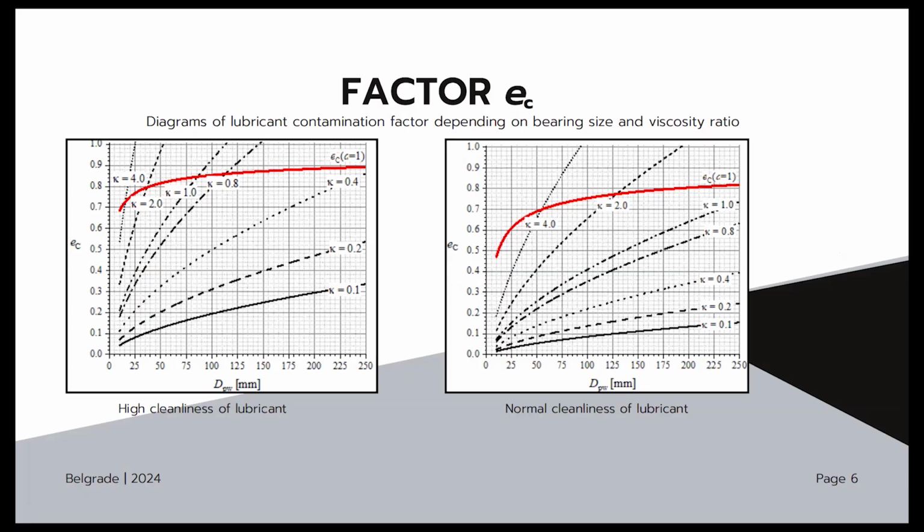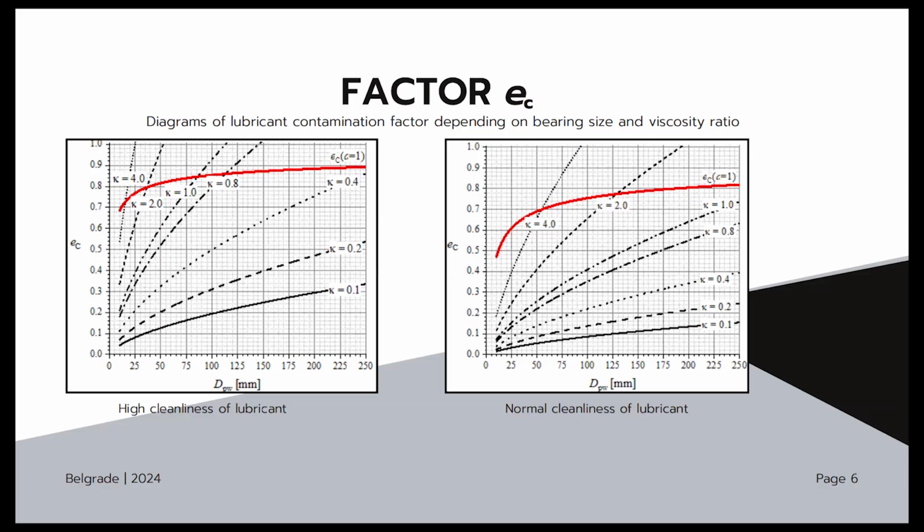We can see that by increasing the pitch diameter, the lubricant contamination factor increases, and by increasing the relative viscosity ratio, it also increases, and by increasing contamination of the oil, the factor of lubricant contamination decreases.